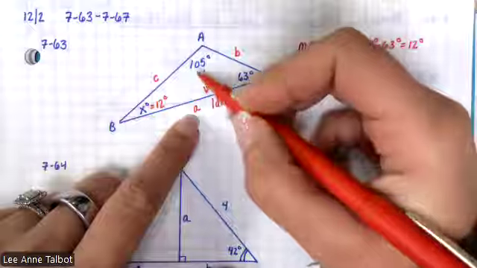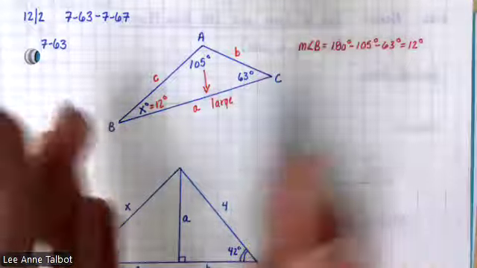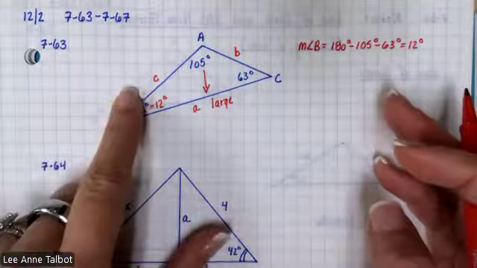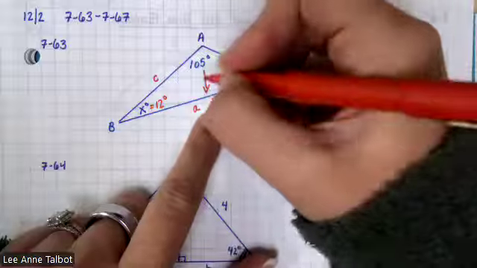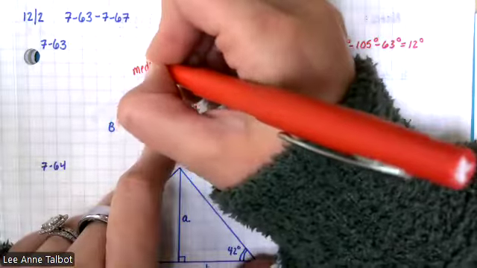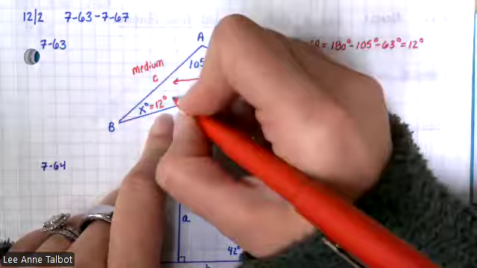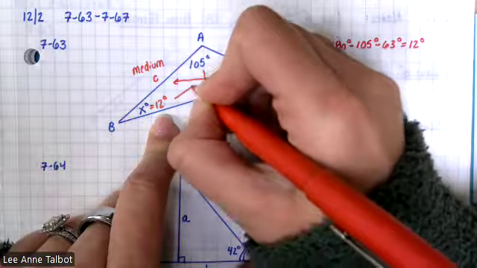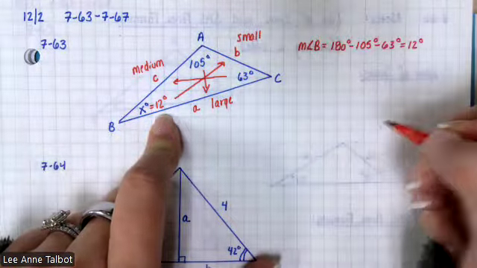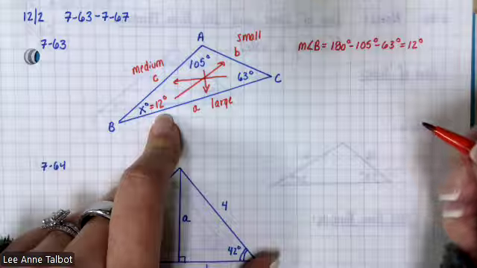The large side will be across from the biggest angle because it is the most open. Okay, and the medium side will be across from the medium angle. And the smallest side is across from the smallest angle. Now you can see why I called it the French fry theorem, because there's a large, medium, and small.